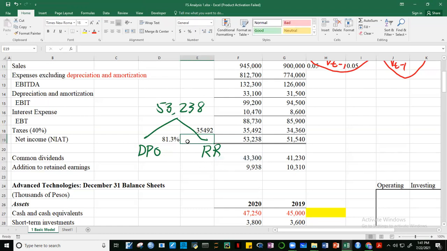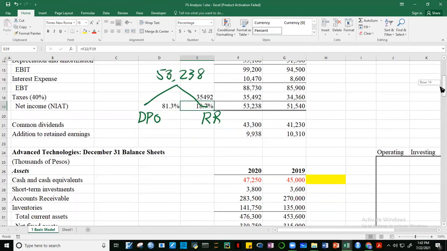So expect that this should be 18.7%, which is just 9,938 divided by the 53,238. Okay, 18.7%.